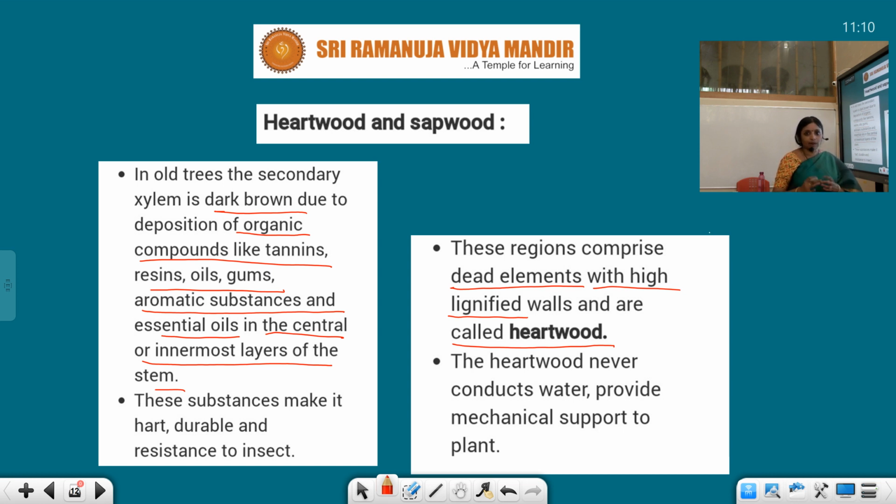Of course it is secondary xylem, but when the tree becomes old, this part becomes a hard and dead part. It stops conducting, because xylem parenchyma forms tyloses, balloon-like structures, which prevent the conduction of water. So the heartwood never conducts water but provides mechanical support to the plant. It is also known as duramen.